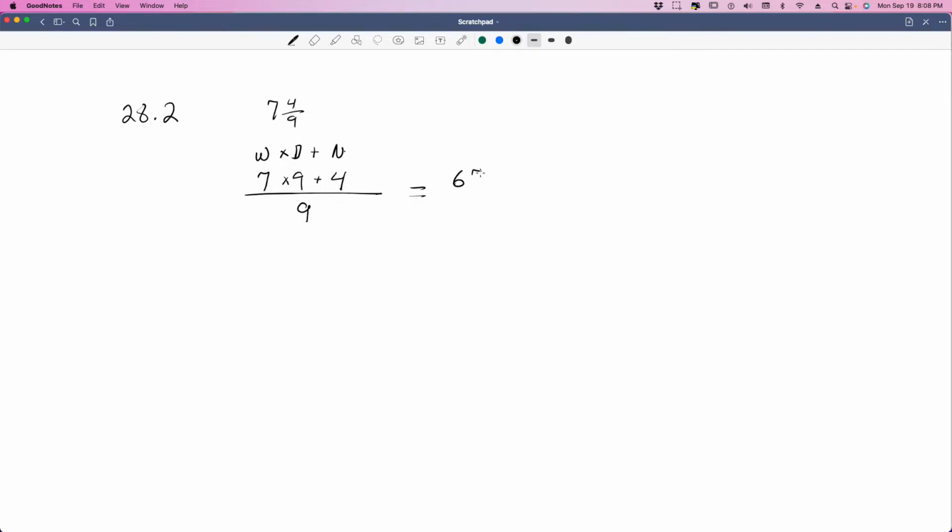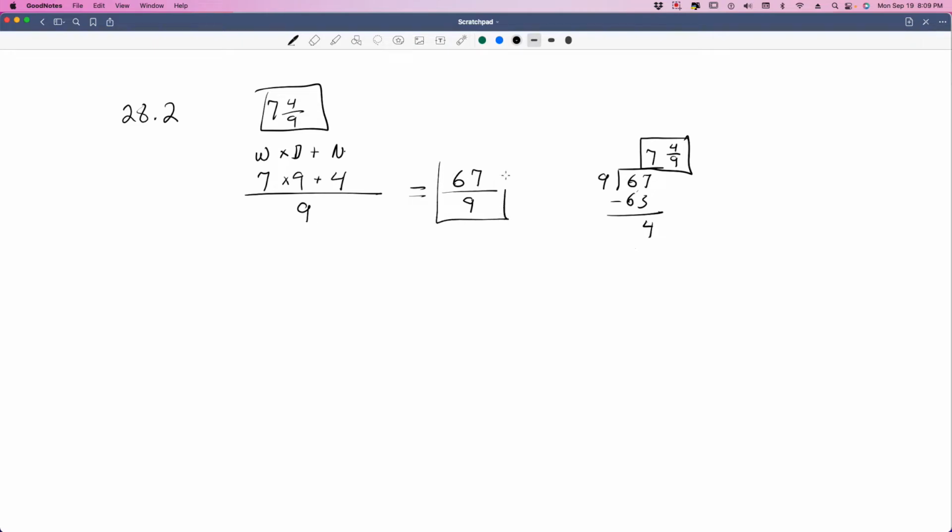Now we can check this to make sure. All we have to do is put this in long division and say 67 divided by 9. 9 goes into 67 7 times. 7 times 9 is 63. 4 is your remainder. So we would put a remainder of 4 over 9. That's the same thing we started with right here. So we know that this one is correct, right?